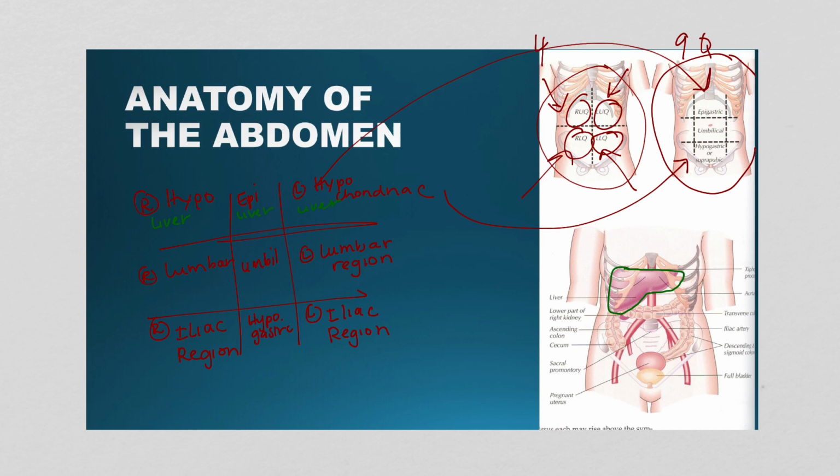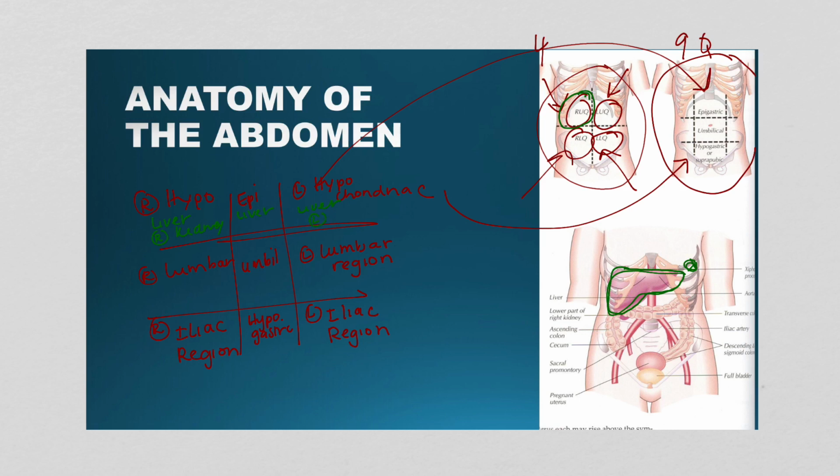And so if we just look at our quadrant approach, most often we just place the liver in the right upper quadrant, but it is possible to have damage to the liver that causes pain over on the left side, right? Because we can see how that liver spans over into the epigastric region and also the left hypochondriac region. Another example of that is in the right hypochondriac region, we have the right kidney. In the left hypochondriac region, guess what we have?